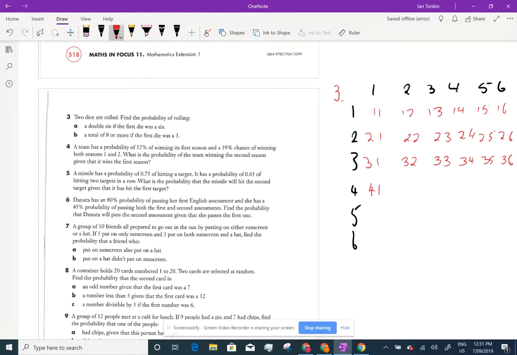And while I'm doing this, I'm only doing this so I can show the sample space, and I think it's important that you can do this very quickly, because you'll probably get 2 dice in an exam. It's a common question, rolling 2 dice.